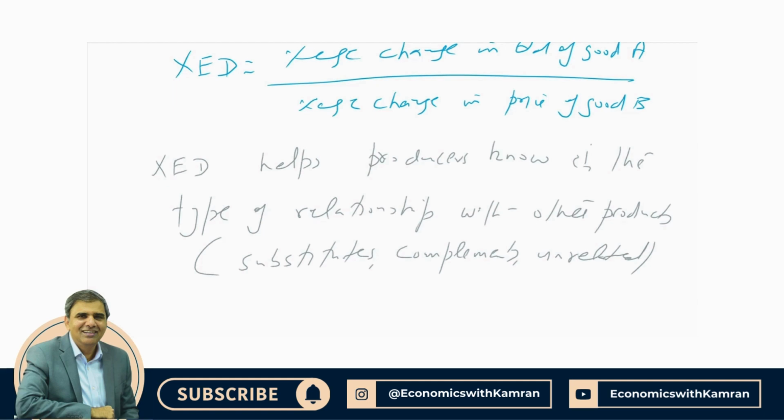If cross elasticity is zero, our product is not related to that made by another firm. If cross elasticity with respect to a product made by a competitor is positive, then our products are substitutes. And if it's negative, it's a complement. So we can look at the sign of cross elasticity and determine the type of relationship of our product with others. The sign of cross elasticity helps determine that.